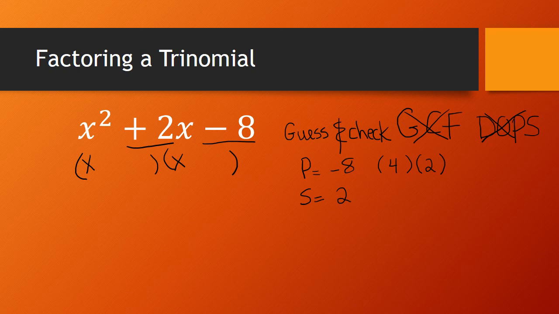At the same time, adding these two numbers should give me a 2. So 2 has to be negative. When I multiply 4 by -2, I get -8, and when I add 4 and -2, I get 2.